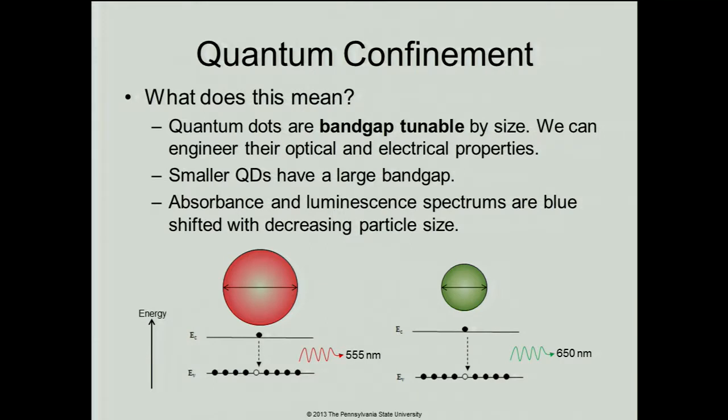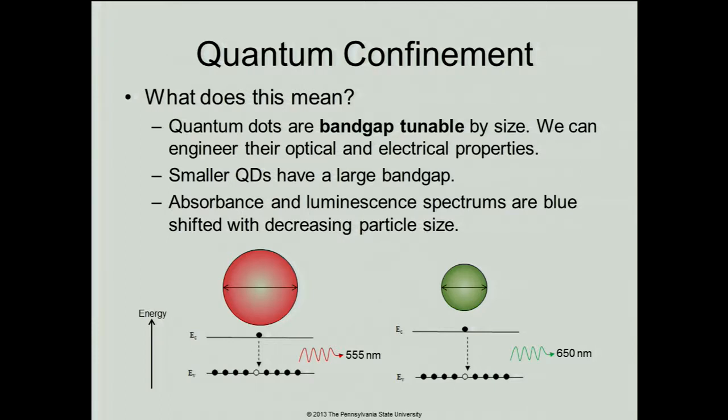So the quantum dots are band gap tunable by size. We know that smaller quantum dots have a large band gap. Absorbance and luminescence spectra are blue shifted with decreasing particle size. Blue shifting means shifted towards the blue wavelength.